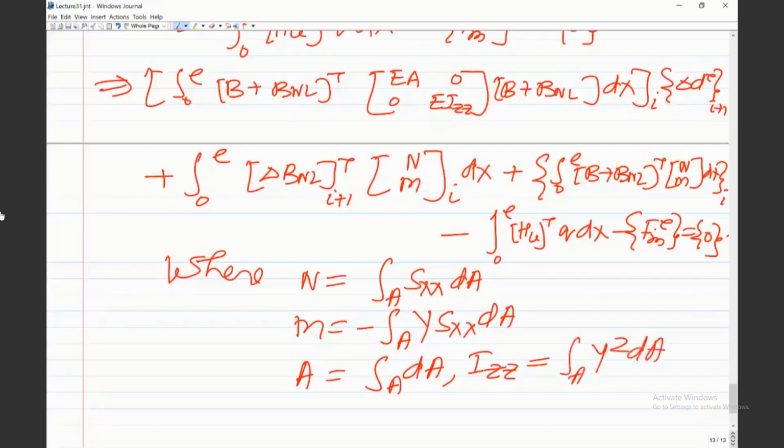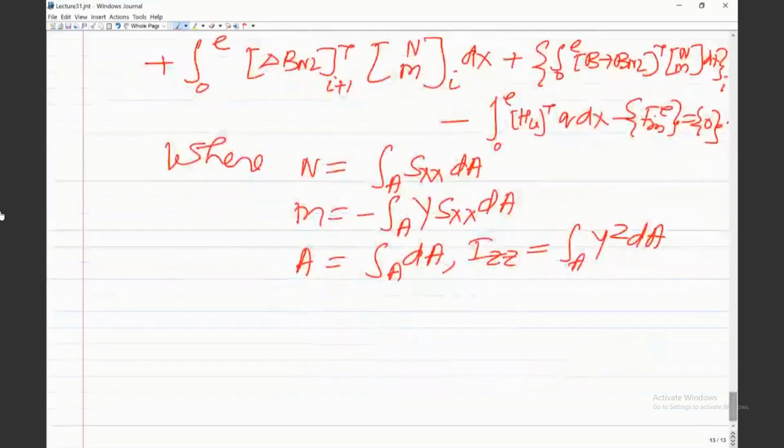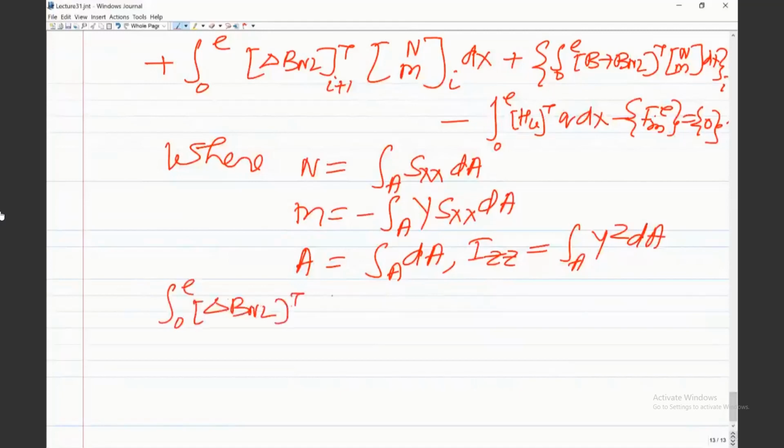Now if you look at the delta BNL term, which is integration, because we want to bring out the Kg matrix there. So we have delta BNL transpose into N and M dx. Now we want to take out delta D common in this. If you look at delta BNL, only the first row is non-zero, the second row is actually 0.